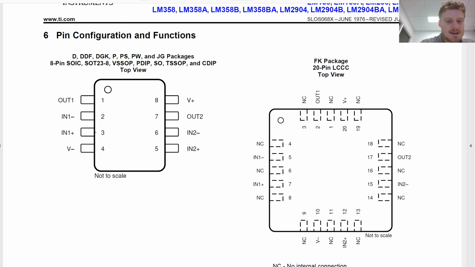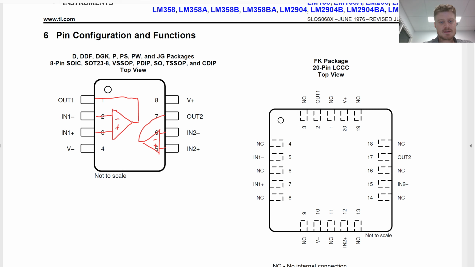The way to understand this diagram, we've got input terminals, which are labeled as negative and positive, so they are the inverting and non-inverting terminals, and those connect to an output. So basically that is one half of the chip. And this particular chip actually contains 2 op amps. So you get another one over here, and it connects to this output 2 here.